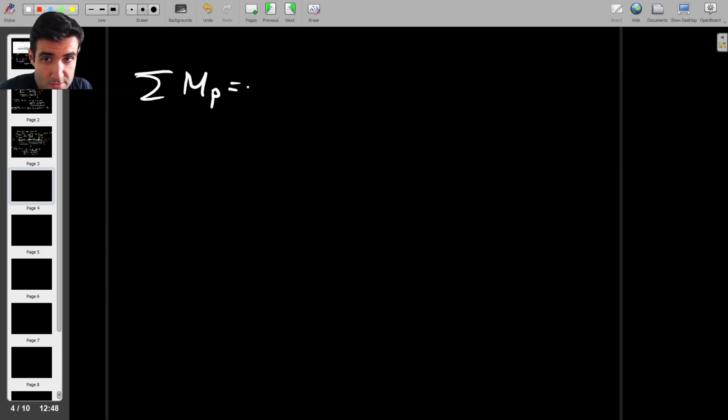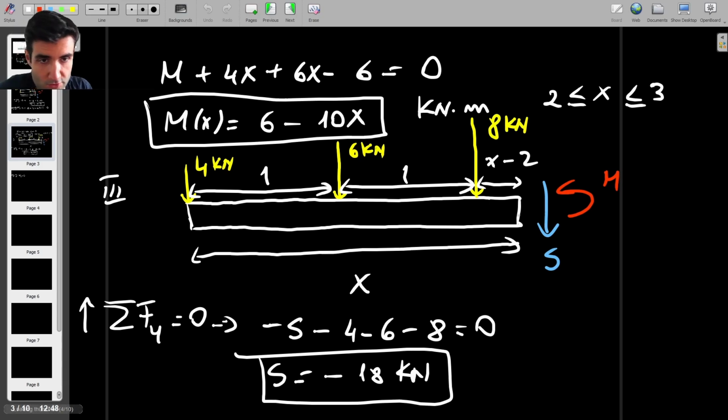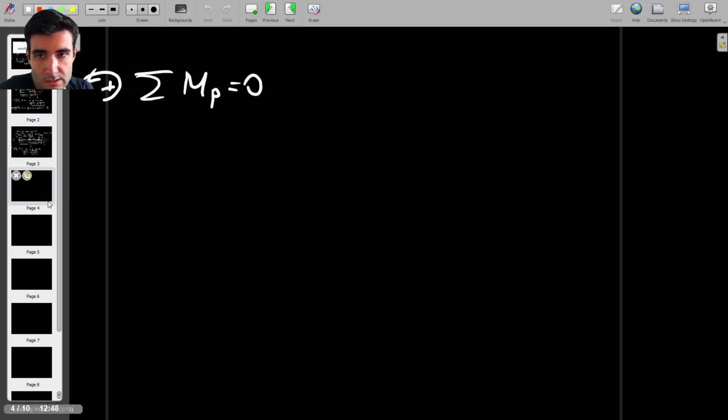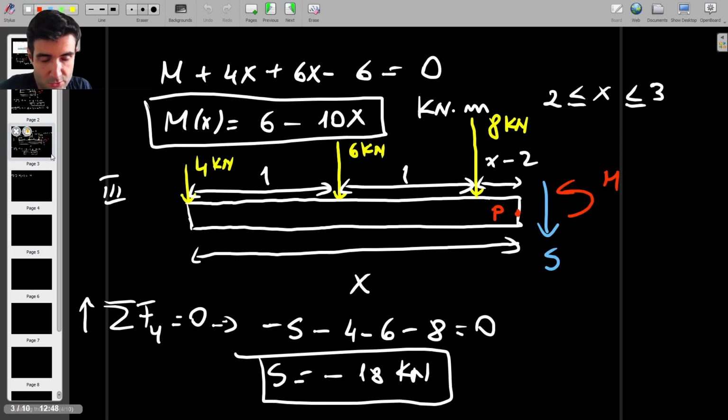So sum of moments about P, where as usual, my point P is on the cross section. So the sum of moments is 0, which means that we can write M, the moment, and then we have 3 more moments due to the point loads, and all of them are positive.